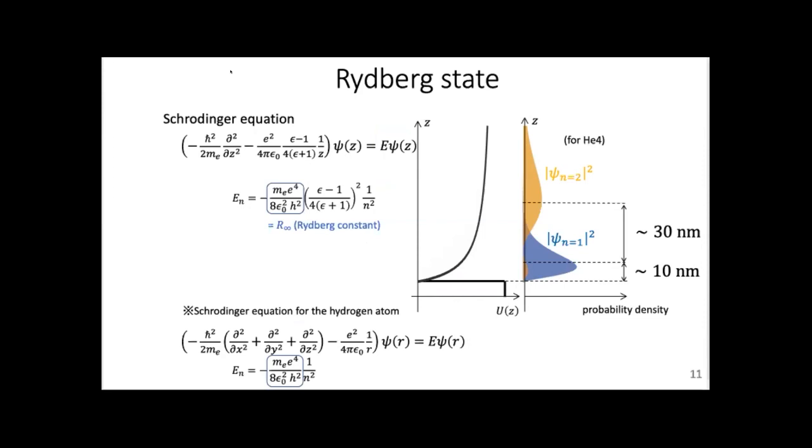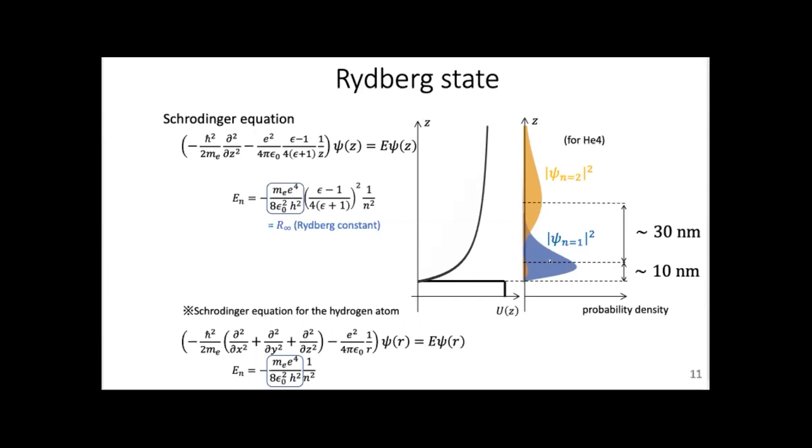The difference between this equation and this equation is that for the hydrogen atom, it's a 3D confinement, and for the electron on helium, it's a 1D confinement, and we have some constant here. So that is why we call this quantum state normal to the surface of liquid helium the Rydberg state.